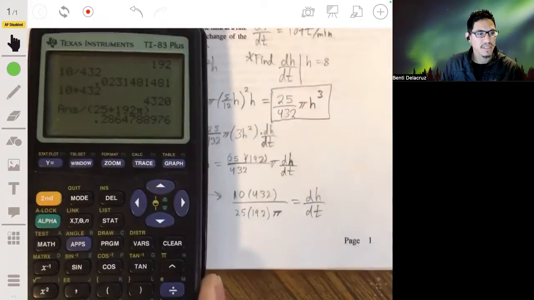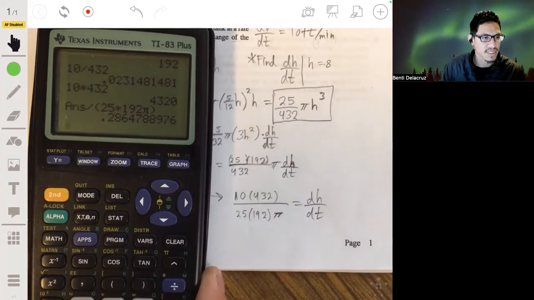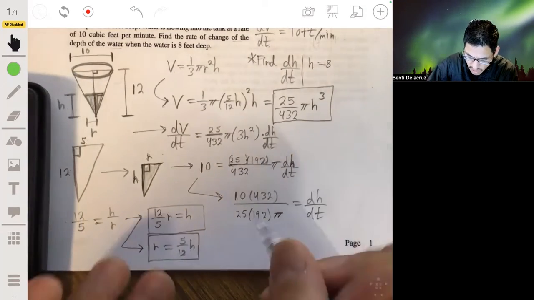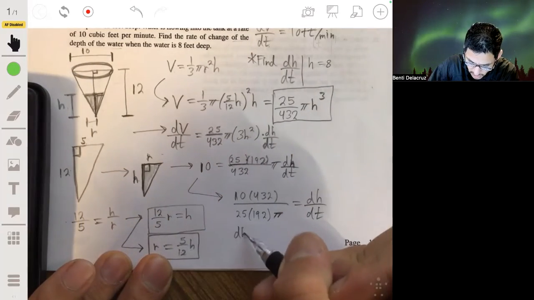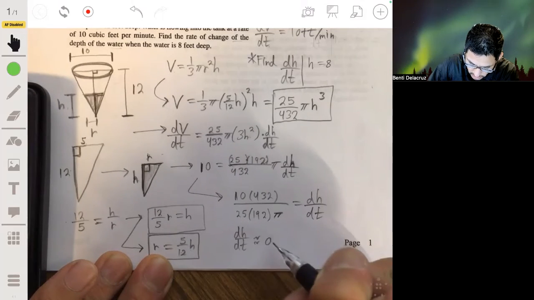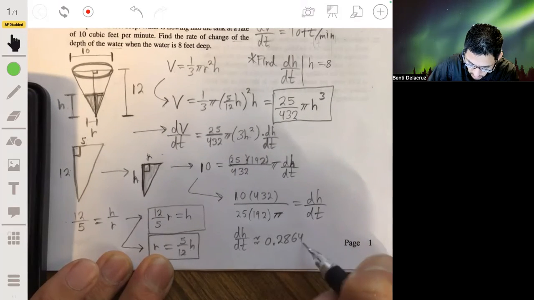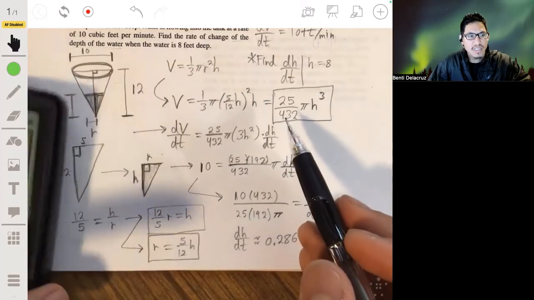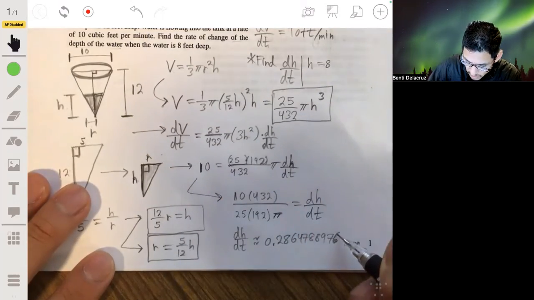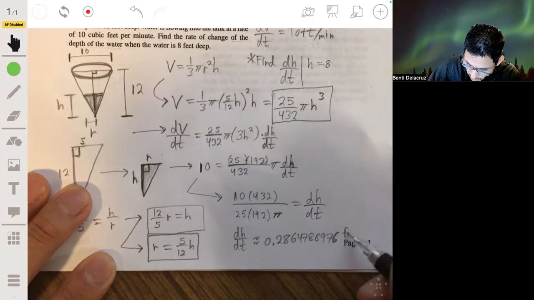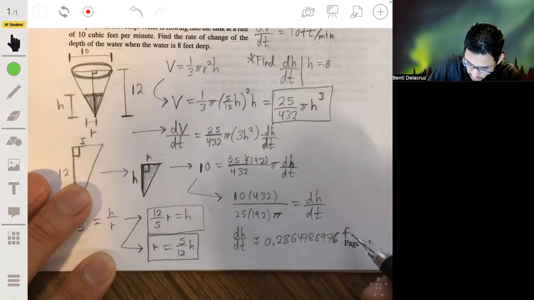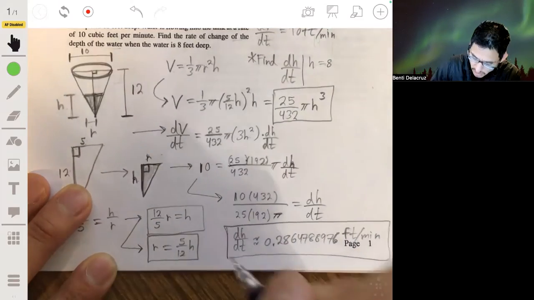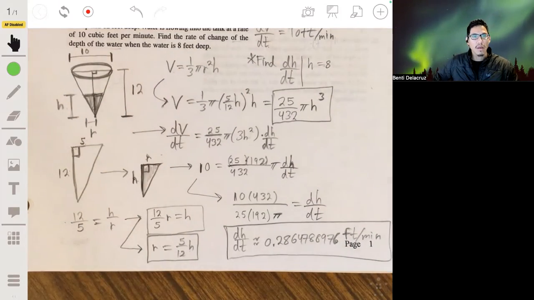Using decimal approximation, that comes out to about 0.28647888976. We're talking about just the change in height, so we're just going to have one-dimensional units, so feet per minute. And there we go.